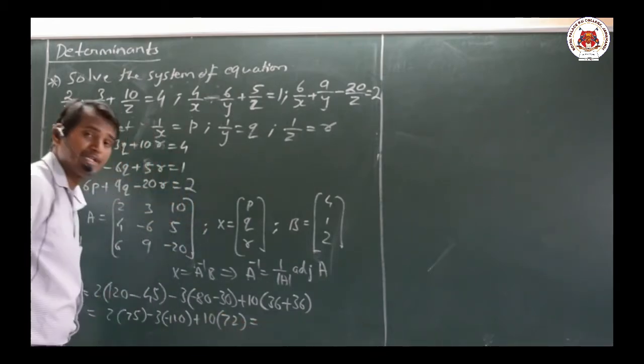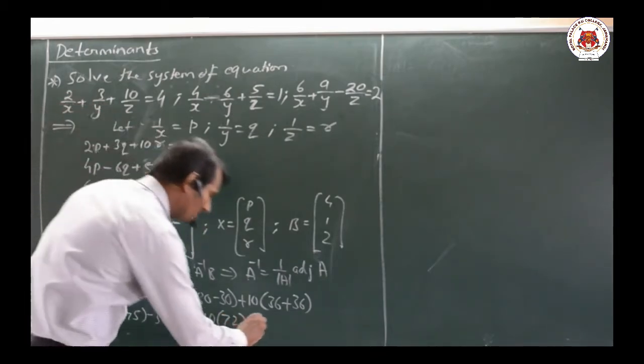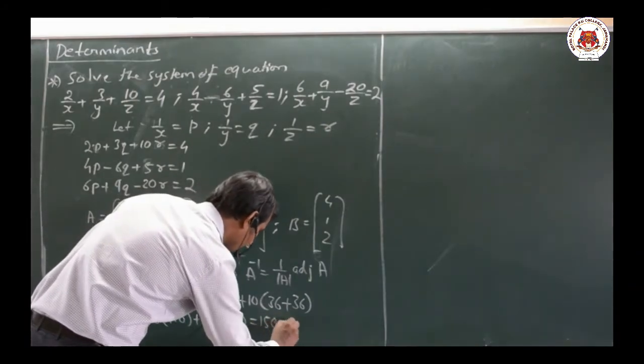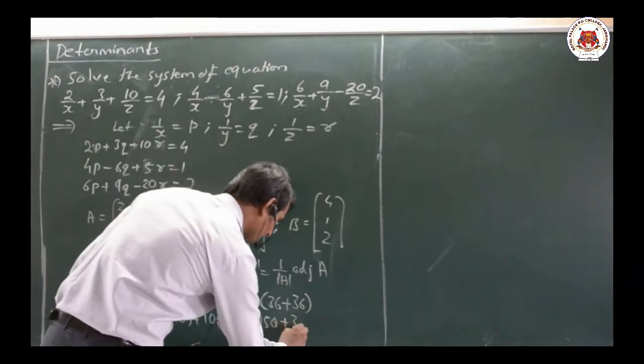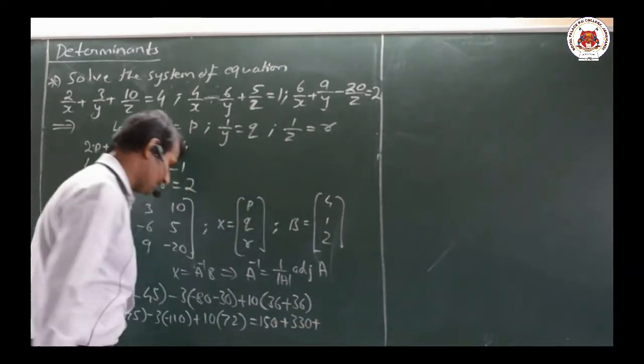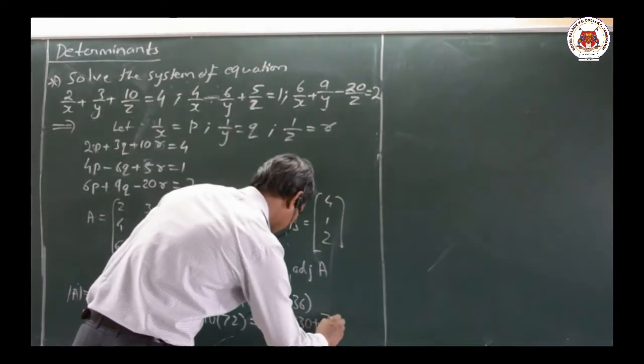Now what values do we get? 75 into 2 is 150. 150 plus, minus 3 into minus 110 is 330, plus the last one 720.